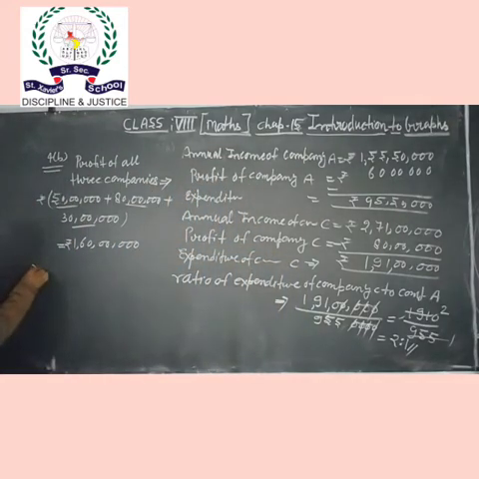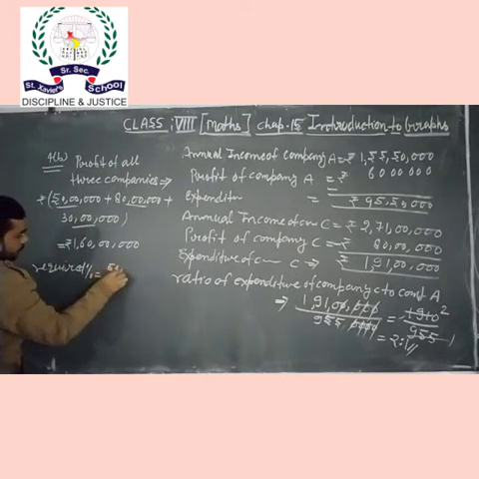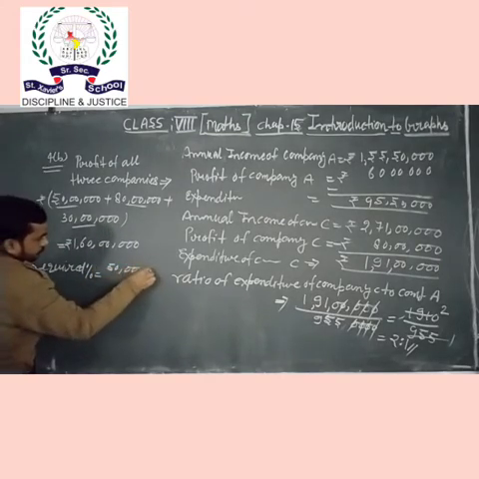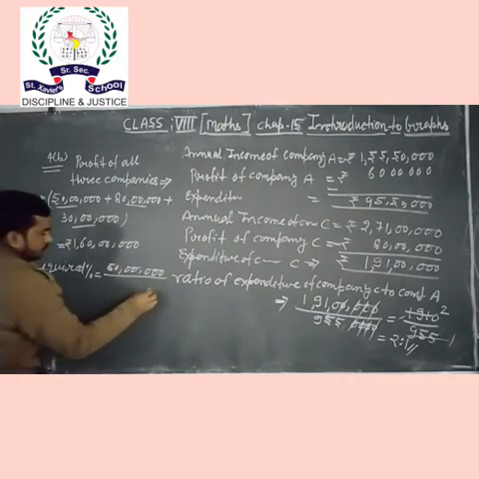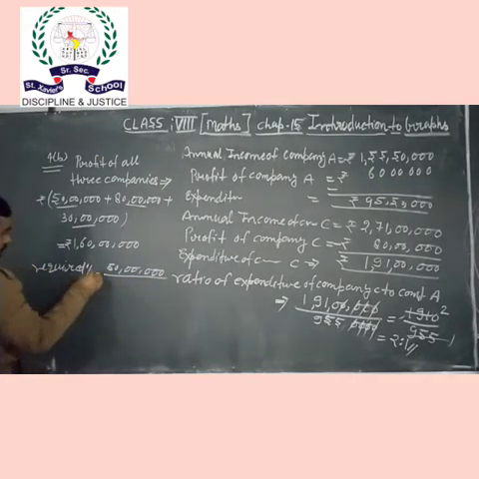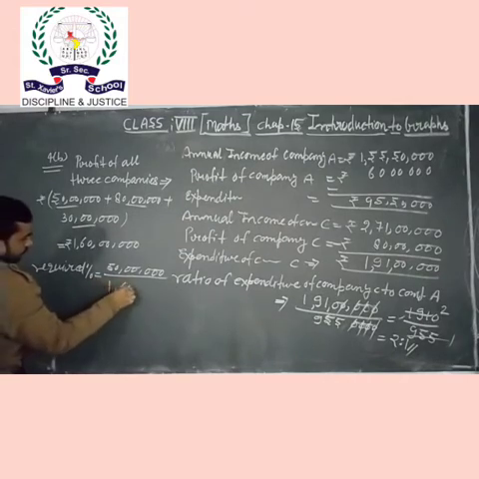Then the required percentage equals the profit of company A, that is 50 lakh, divided by 1 crore 60 lakh.